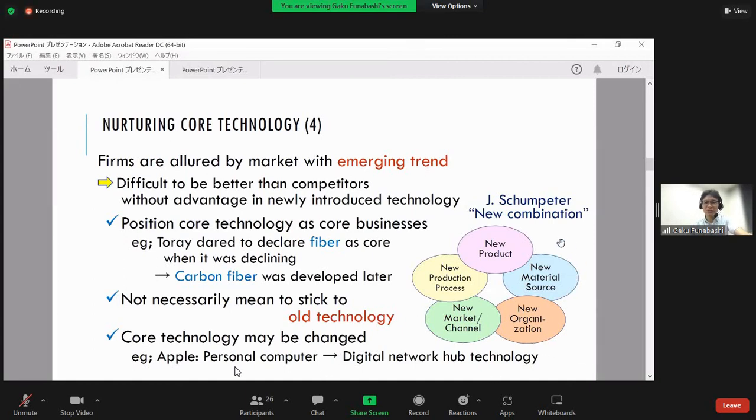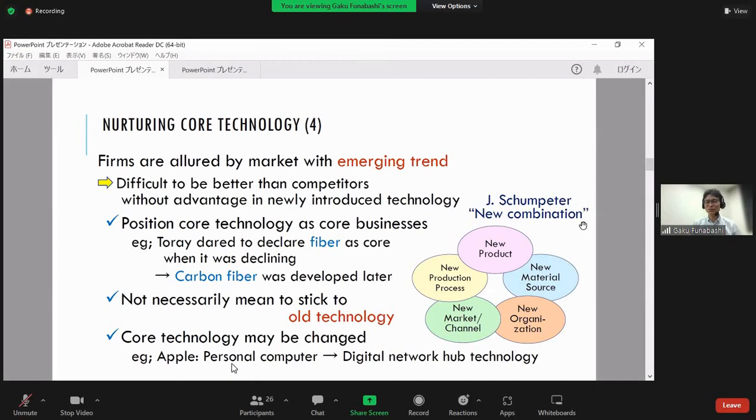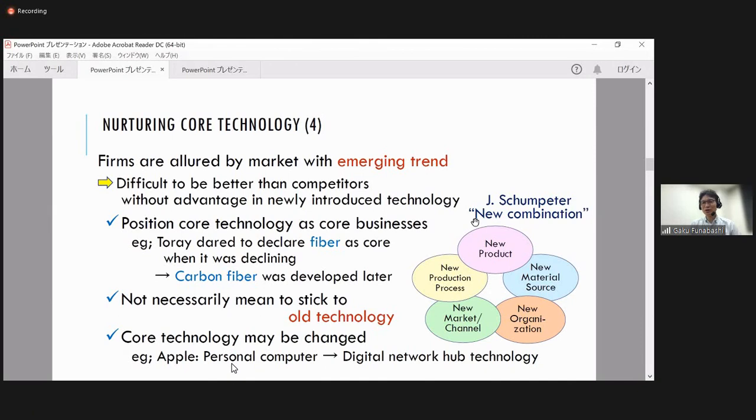And also, talking about technology and innovation, more than 100 years ago, Joseph Schumpeter, who started talking about innovation for the first time in the world, but he didn't use the word innovation.